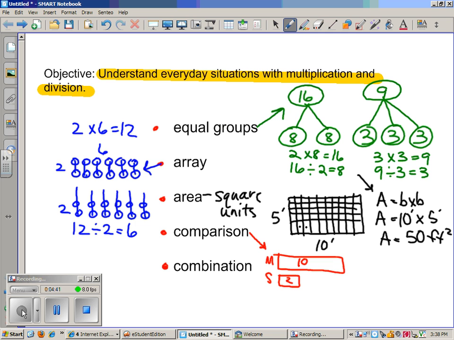So I'm going to say 2 times, I'm going to put a B for jelly beans, is going to give mine, and then that would be 5. Okay. Or we could say 10 divided by 2 is the jelly, or how many times more jelly beans, and then we could say the b equals 5. Wow, we've learned so much.